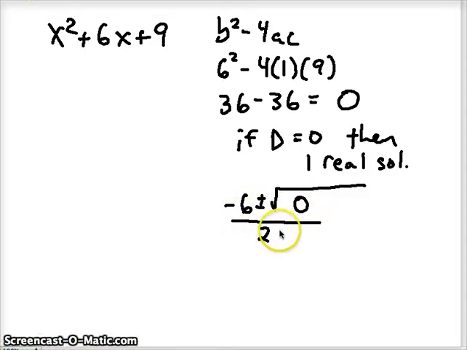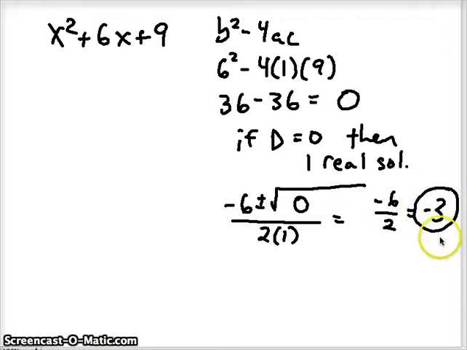And then we're multiplying the bottom, 2 times a, which is 1. Square root of 0 is 0, so really what we're doing is negative 6 plus 0, well that's still negative 6, divided by 2. So we get negative 3. And then negative 6 minus 0, well that's still negative 6, divided by 2, which is still negative 3. So there is only one solution, and it is a real number, so we get one real solution.